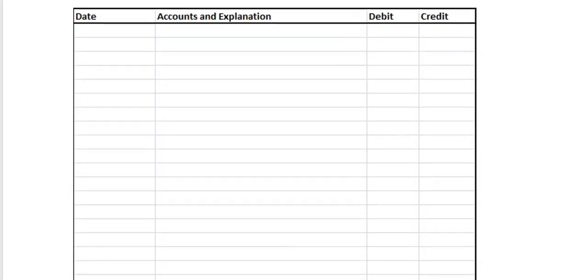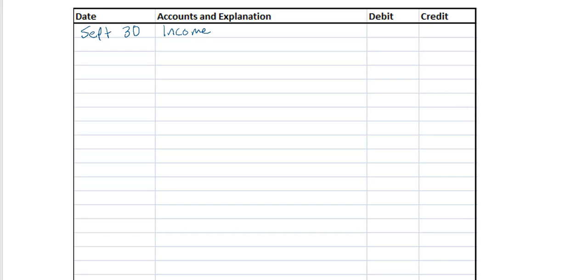So here we are. We're going to do the exact same thing as we did with revenues. The only difference will be that income summary will now have debit balances added to it. So the first one we will close will be salary expense.